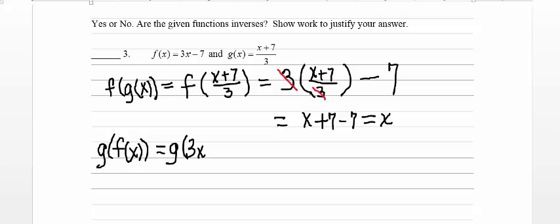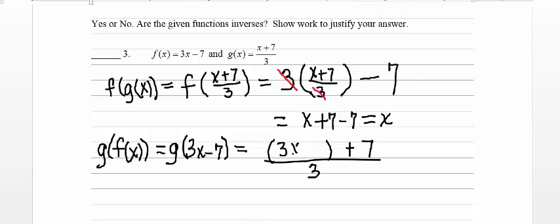Let's find g of f of x, which is g of 3x minus 7, which is my input plus 7 over 3. My input, though, is 3x minus 7. 3x minus 7 plus 7 is simply 3x. When I divide that by 3, I get x.